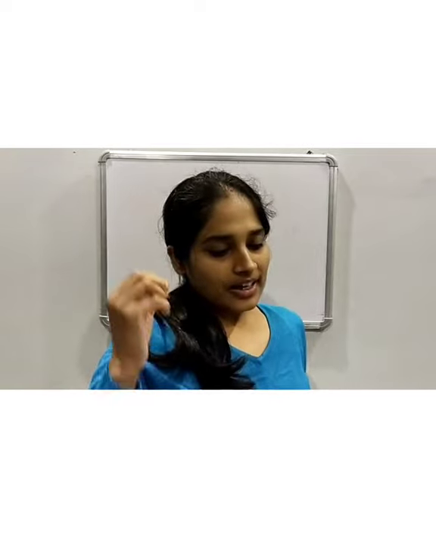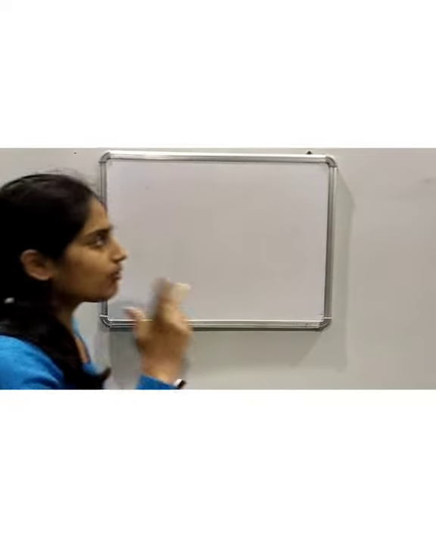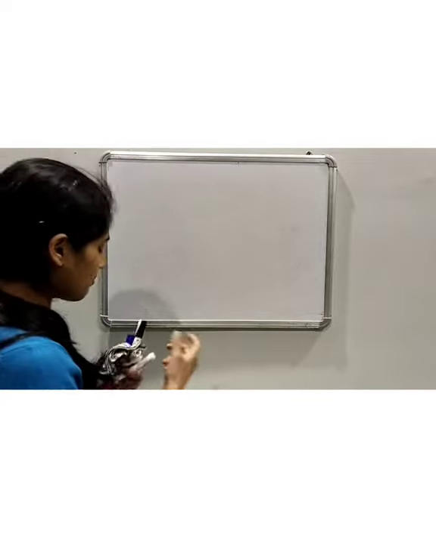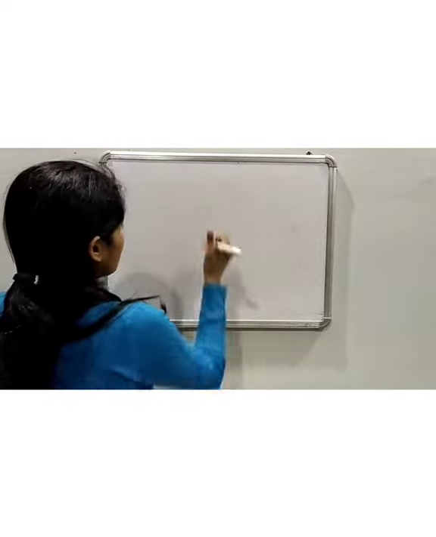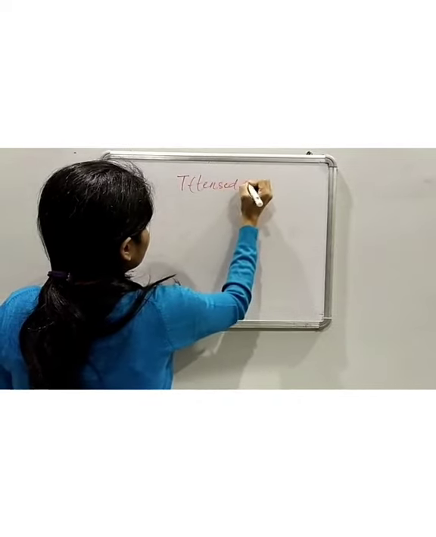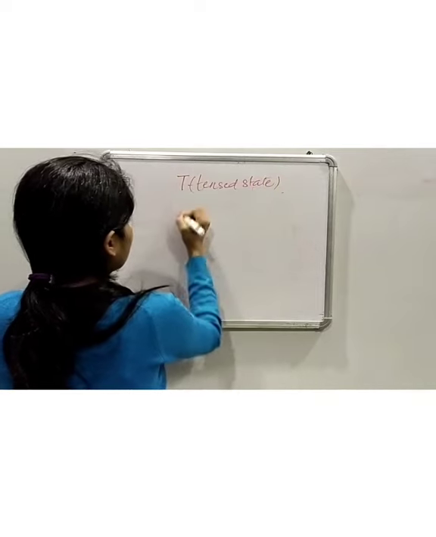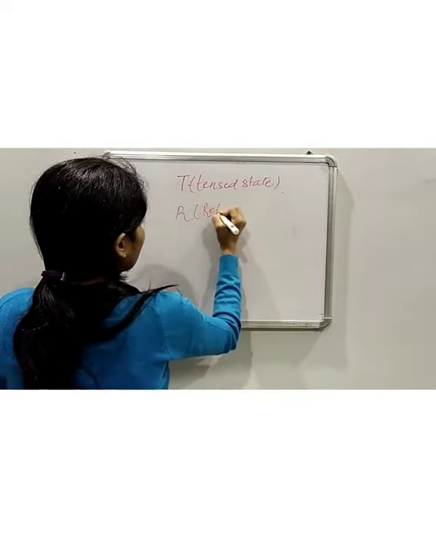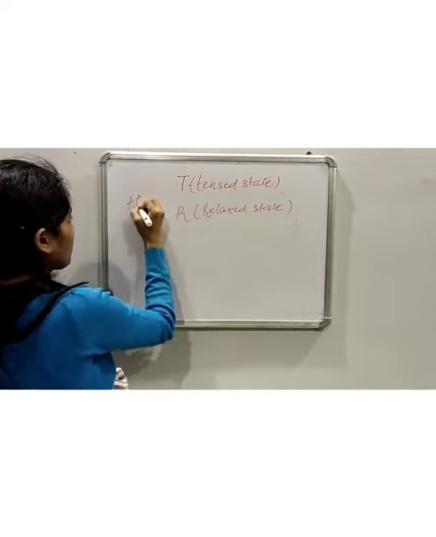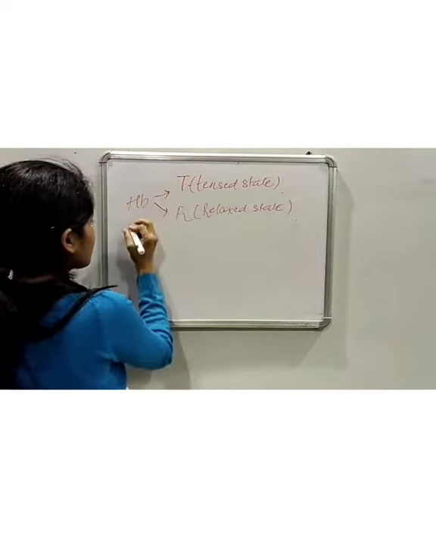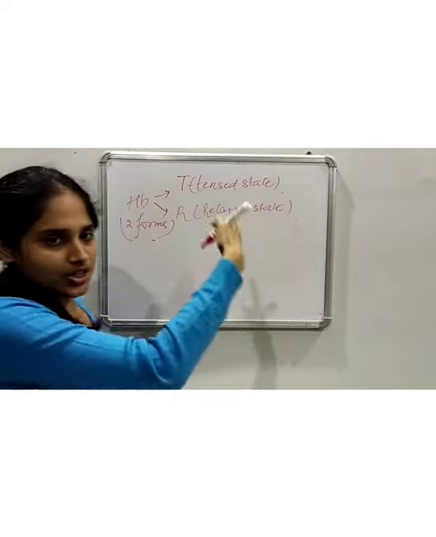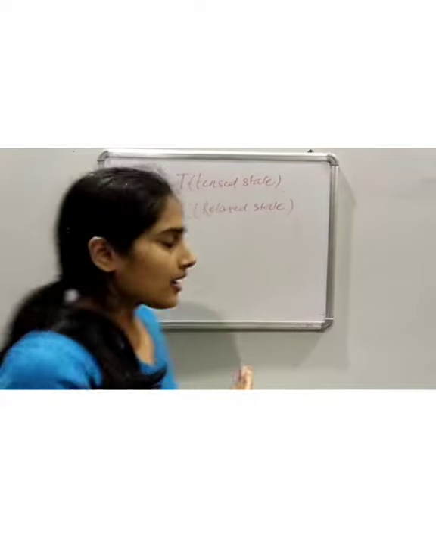Now there are two different states in which the hemoglobin molecule exists. One is the T or tensed state, and the other is the R or relaxed state. So what happens in the oxygenated form and what happens in the deoxygenated form?